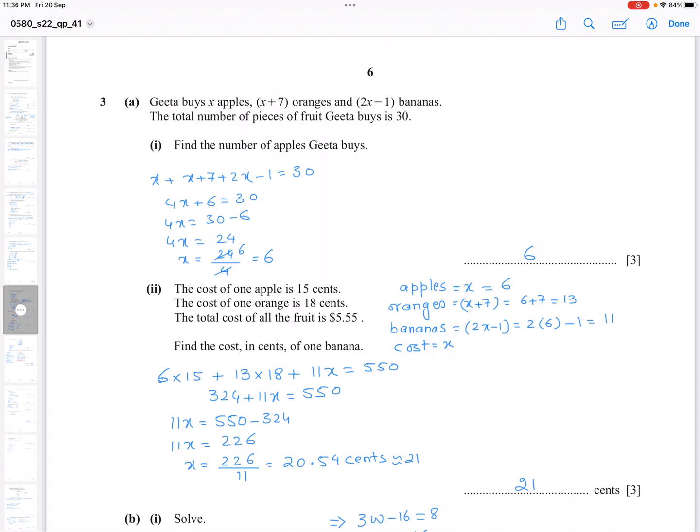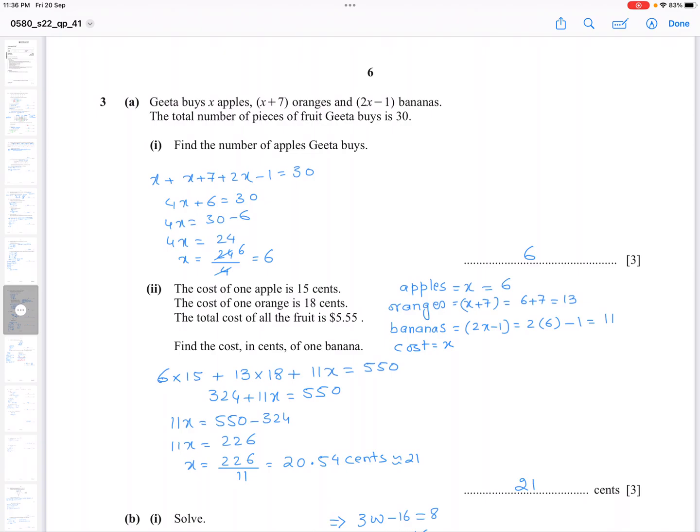Bananas were 2x minus 1. So 2 into the value of x, which is 6, 2 into 6 minus 1, that is equal to 11. So total bananas 11. Now take the cost as x. So 6 into 15 cents plus 13 into 18 cents plus 11 times x is equal to 555 cents.